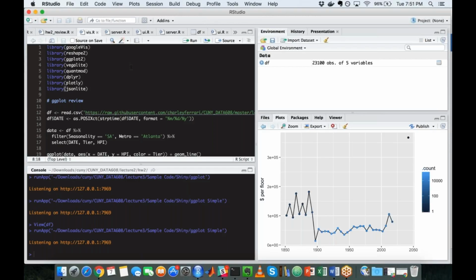Or has anyone not been able to get anything off the ground yet? Cool. That's great to hear.